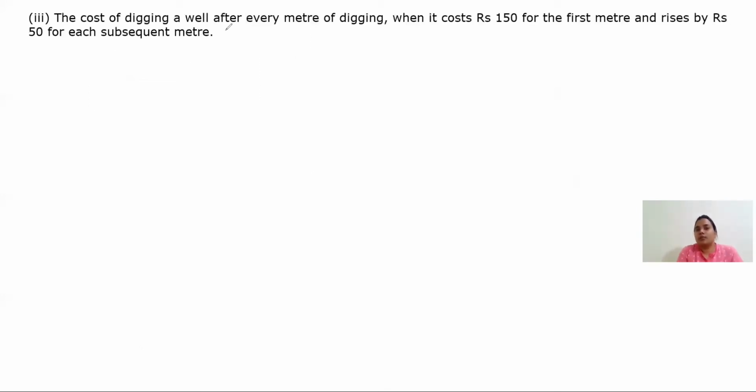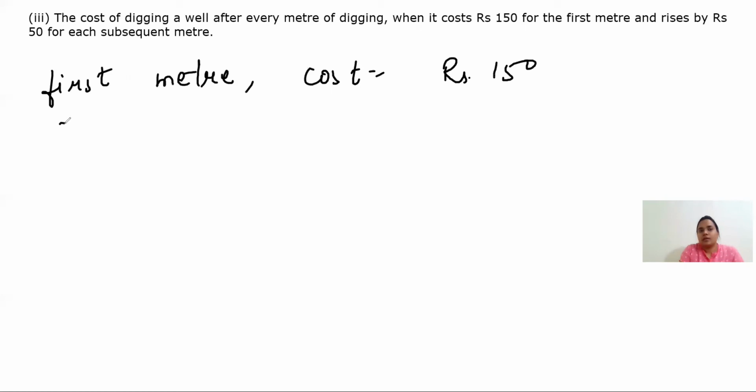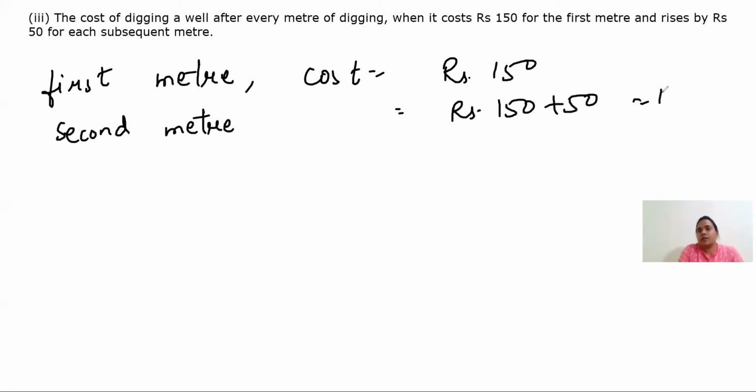The cost of digging a well after every meter of digging, when it costs rupees 150 for the first meter and rises by rupees 50 for each subsequent meter. So for the first meter, cost is rupees 150. Second meter, rupees 150 plus 50, that is rupees 200.